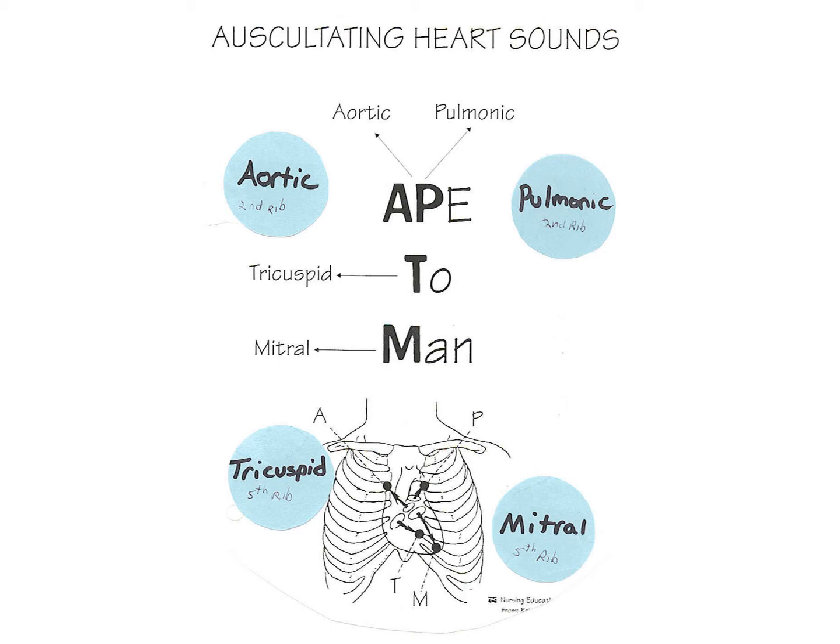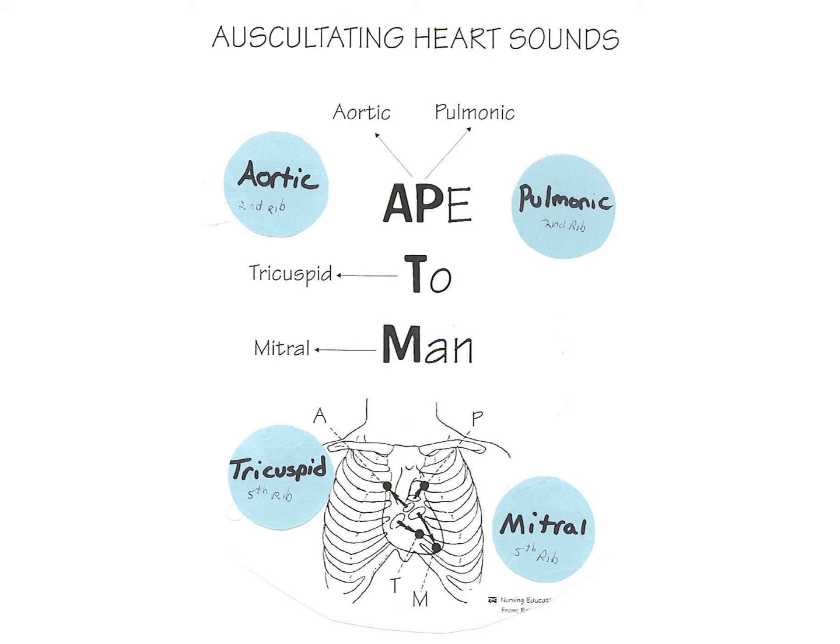I don't think it's a very accurate picture of where you place the stethoscope, so I'm not including this slide for that reason. I want you just to be exposed to the fact that there is a mnemonic that can help you remember where to place your stethoscope for the various valves in the heart.